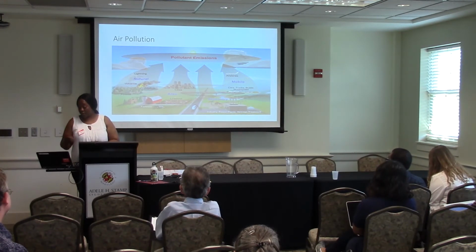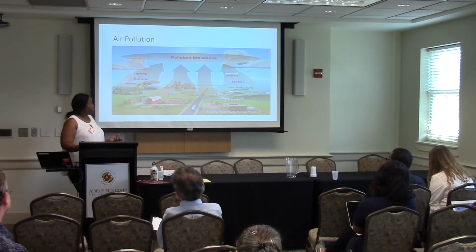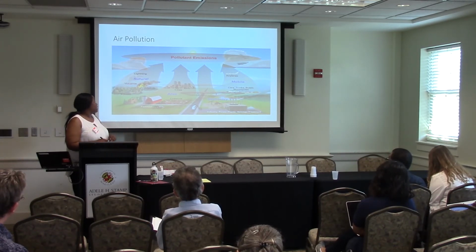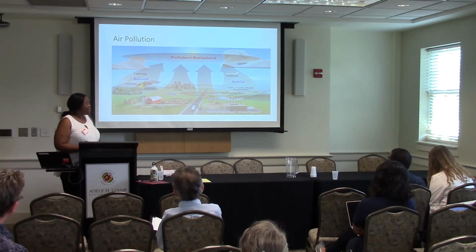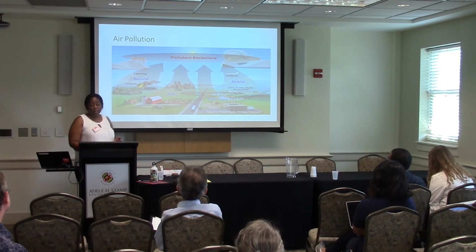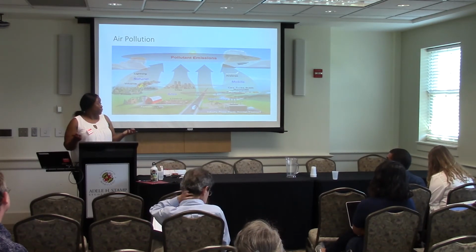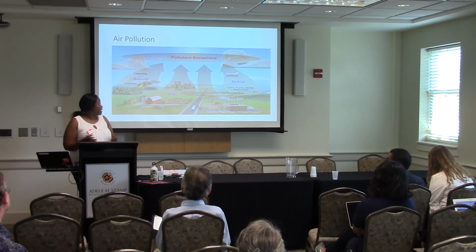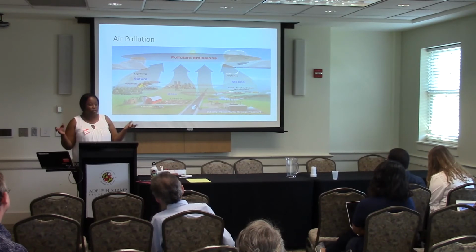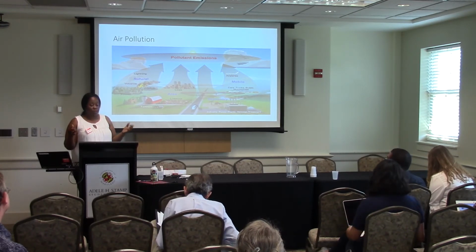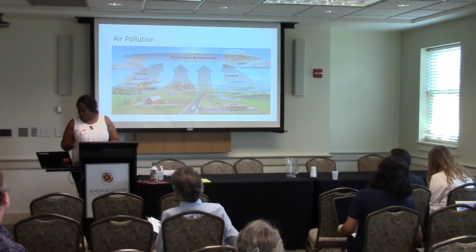But outdoor air pollution is regulated and could be caused naturally through volcanoes and wildfires, or through mobile sources such as aeroplanes, trucks, and buses. It could also be stationary, which includes factories and power plants, or area sources, which are small residential sources like residential heaters.